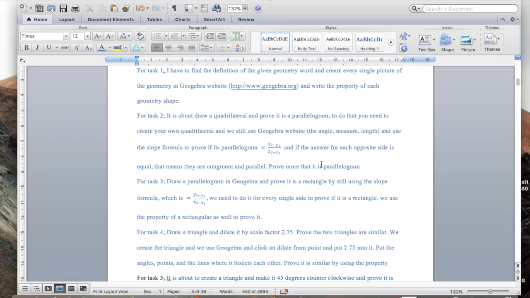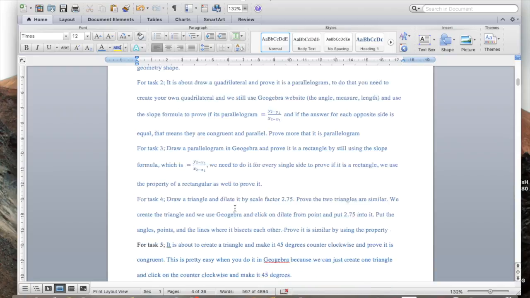And to prove it's a parallelogram, we need the answer for each pair of opposite sides to be equal. And for task 3, we need to draw a parallelogram in GeoGebra and prove it's a rectangle by using the slope formula. It's still this one, and we need to do it for every single side to prove if it's a rectangle.